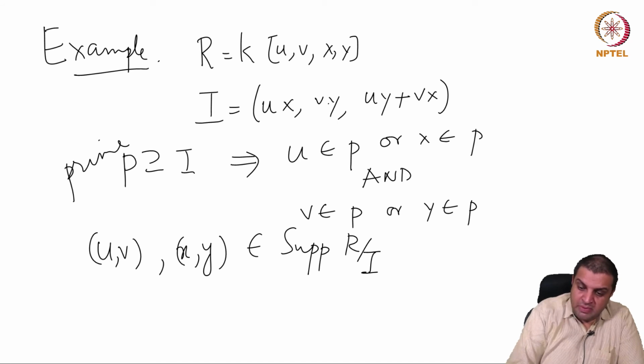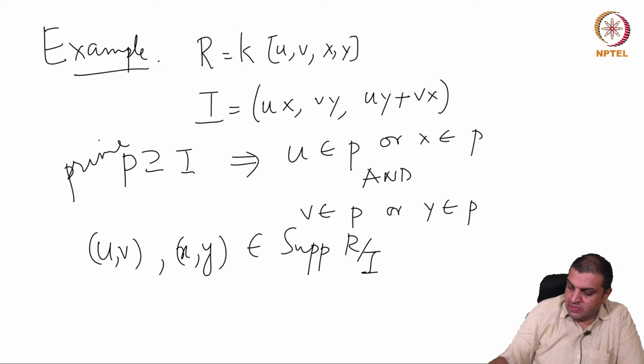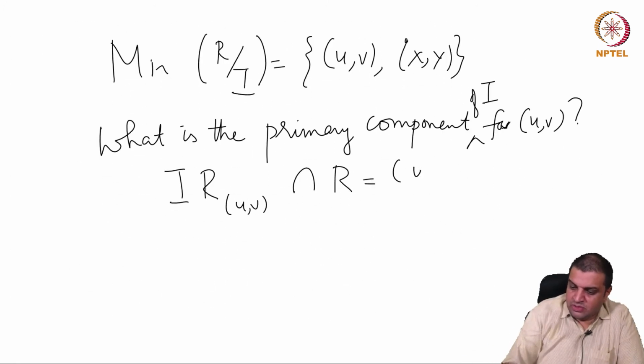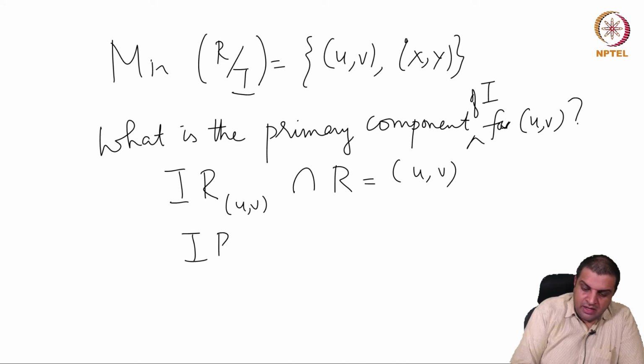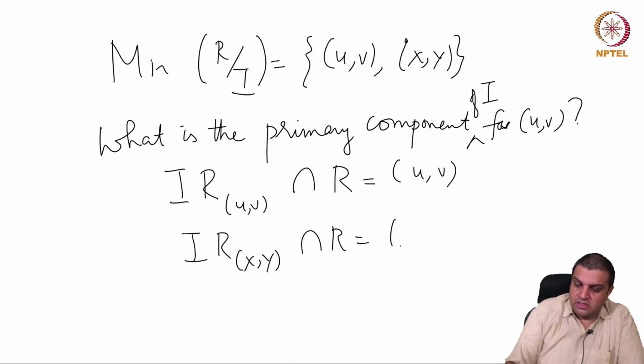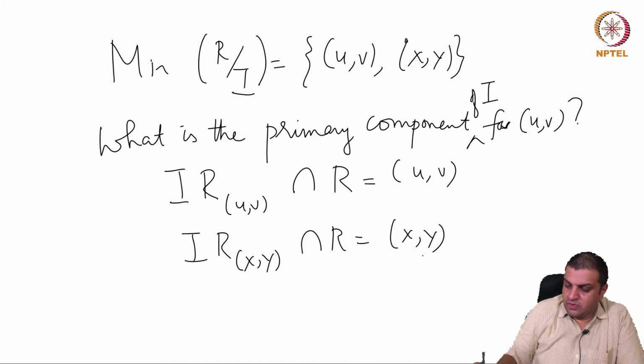Similarly, y becomes a unit, so we just need to put in v. And once u and v are there, all the terms are there. So we can conclude that this is the ideal uv. Similarly, I R_xy intersect R is xy. So these are two primary components.